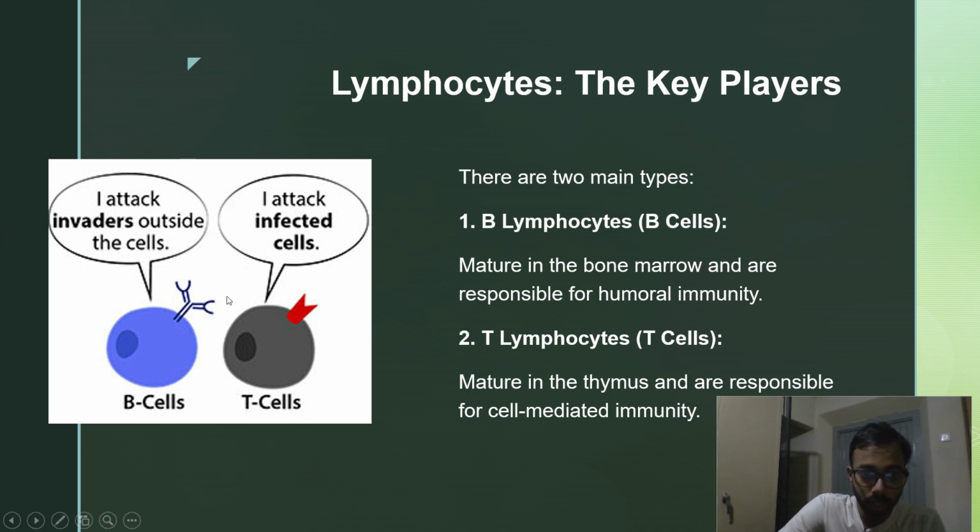In this diagram, this Y-shaped molecule in the B cell, also known as an antibody, is a B cell receptor. Here the red colored molecule in the T cell plasma membrane is a T cell receptor. There are some differences between these two receptors, B cell receptors and T cell receptors.